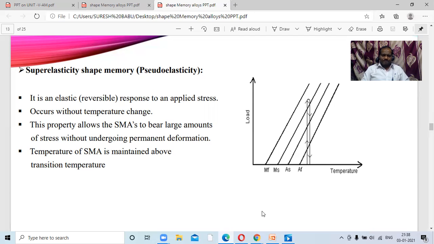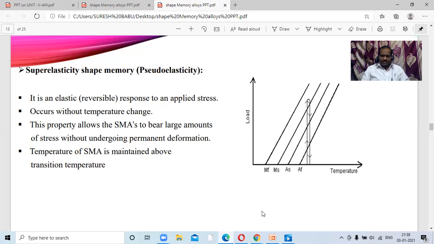Next, due to the stresses, permanent deformation is not possible. That means by removing the stresses, once again it will go to its original shape. This is called the pseudo elasticity property. That is our superelastic property, and the temperature should be maintained above the transition temperature.